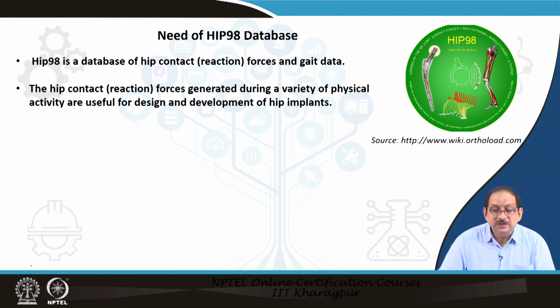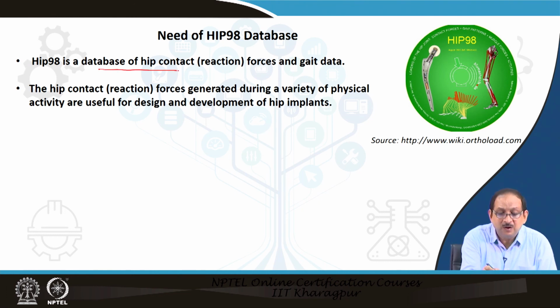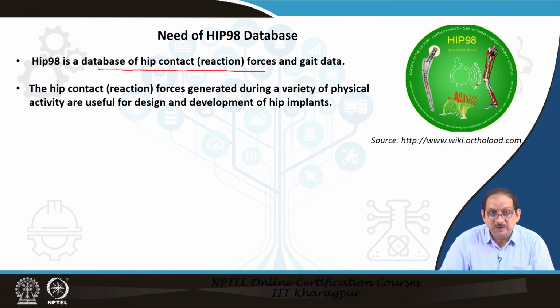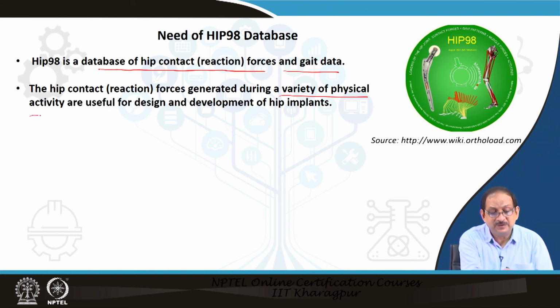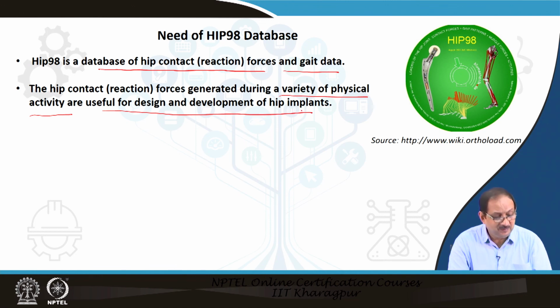discuss the need for the HIP98 database, or the usefulness of the HIP98 database. The HIP98 is a comprehensive database of the hip contact or hip joint reaction forces along with the gait data. The hip contact forces generated during various physiological and daily living activities are useful for the design and development of hip implants.